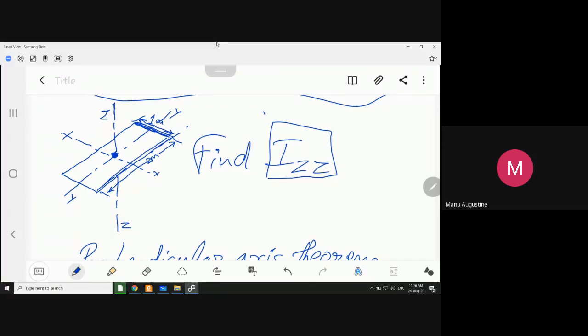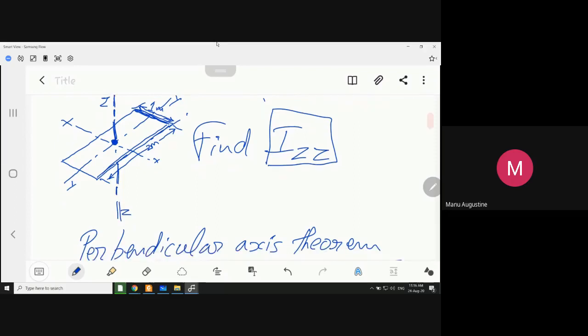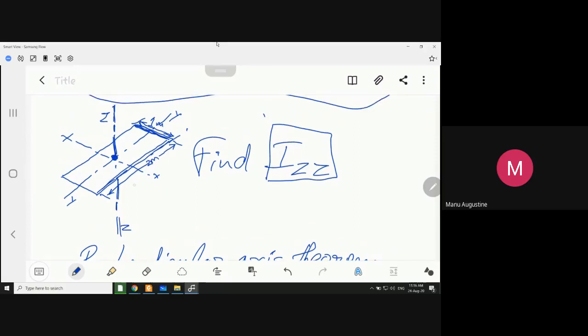Look at the figure. Now what you have to do is find the value of Izz. Now as you can see, again the perpendicular axis theorem is applicable here. ZZ is perpendicular to the area. XX and YY are both lying on the area and are mutually perpendicular to each other also.